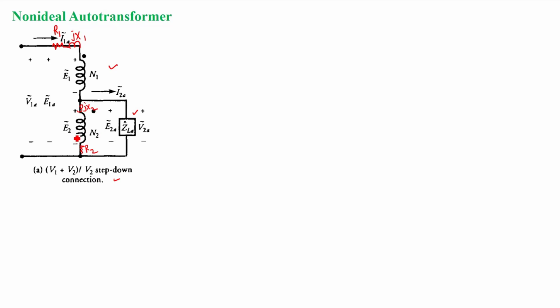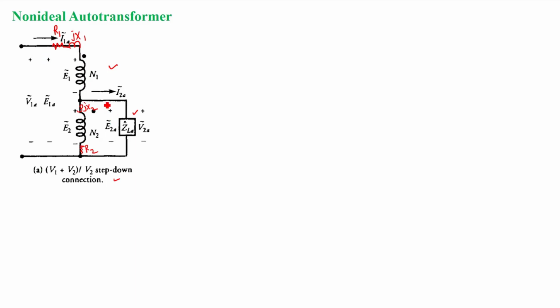Now the question is how to introduce the core loss resistance and the magnetizing reactance, because I cannot put a parallel RL circuit here, since it has to be on one side of the transformer, either the N1 side or the N2 side. I cannot draw it on the N1 side because it is connected in series, and this side is giving a series connection of N1 and N2.